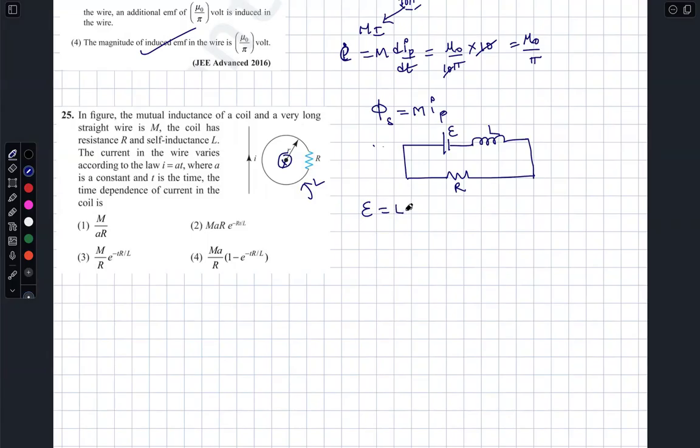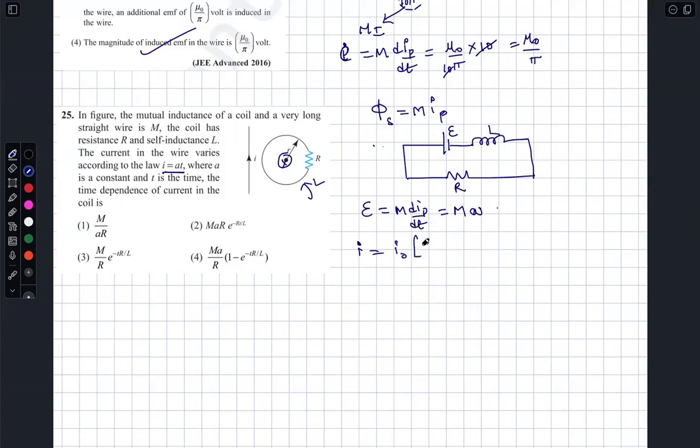M di primary by dt. The differentiation of that gives you M into A. Rest everything is your old circuit, LR circuit, growth of current in LR circuit. What is the formula for growth of current in LR circuit?